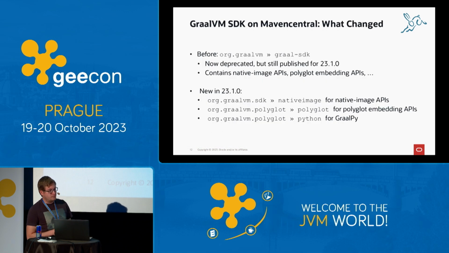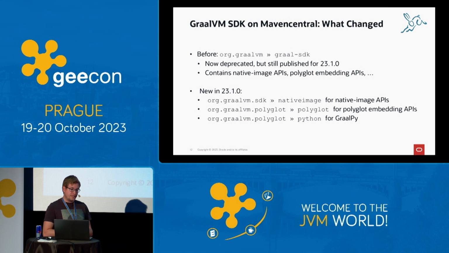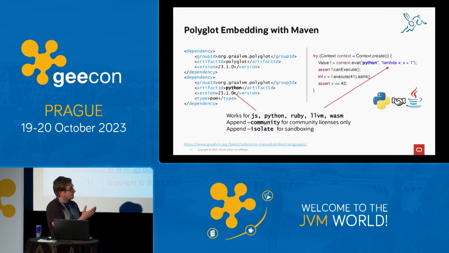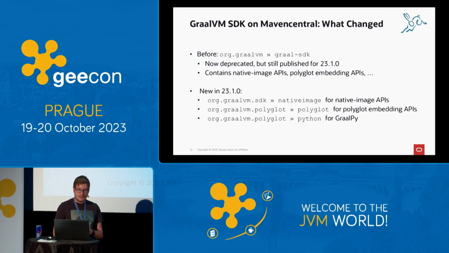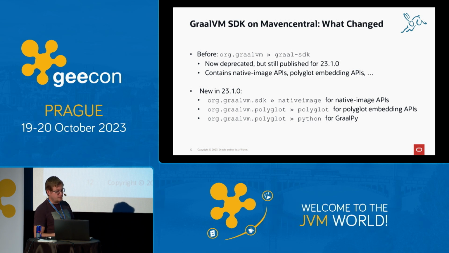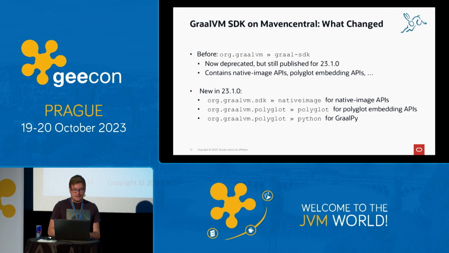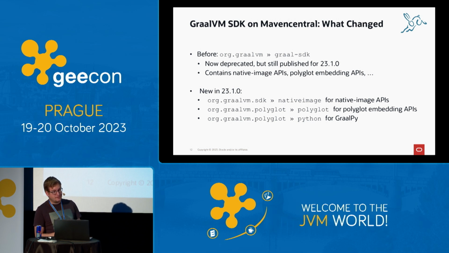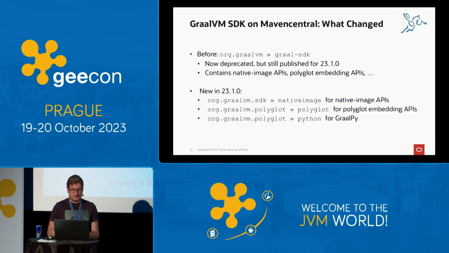Also, before this API that is on the right-hand side, before that it was published also on Maven, but just for the convenience. You couldn't really run it. It was just so that the IDEs can, for example, show you the completions and stuff. And this was in OracleJDK, Graal SDK artifact.